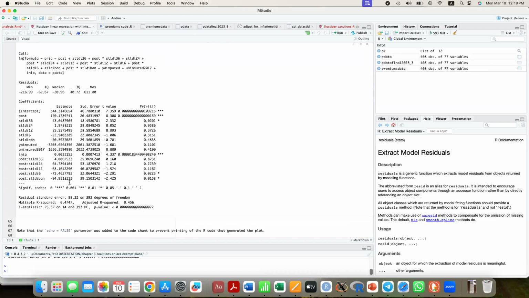So we see that the interaction between the post variable and STLDI ban is statistically significant. At what level? Can anybody tell me? What level of significance? Again, here is the hint.